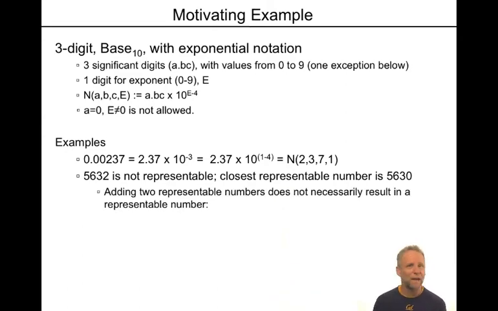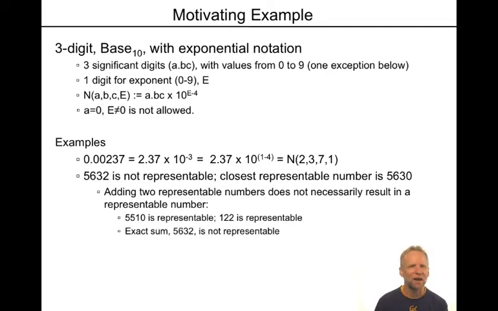Now the interesting thing is when I add 2 representable numbers, in other words 2 numbers that each have 3 digits of precision, the result may not be a number with only 3 digits. So it may not be a representable number. So 5,510 is representable, right? We can easily work that out. 122 is representable. But their exact sum is 5,632, which is not a representable number.